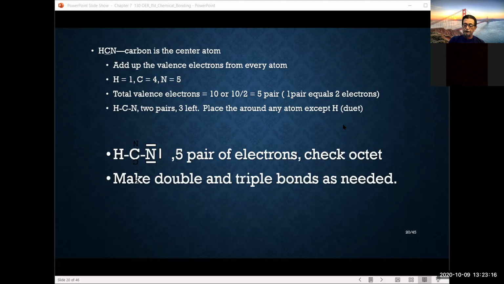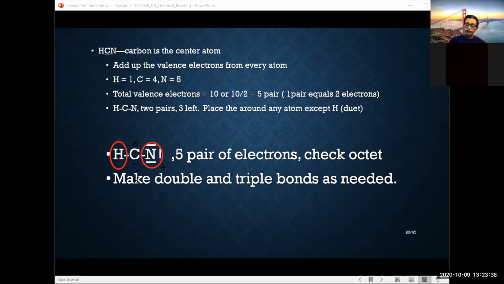I now check the octet or the duet, depending on what the molecule is. Hydrogen is sharing that pair with carbon, so hydrogen is happy with its duet.